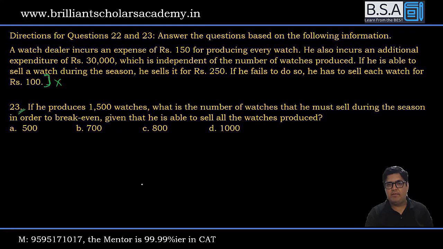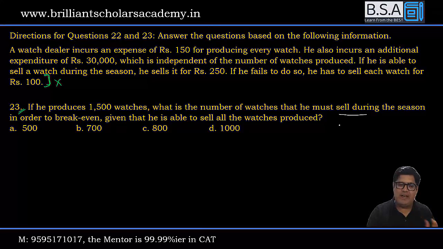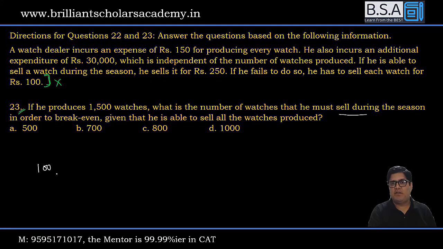See, the question is, how many were sold in the season? If I assume that to be variable X, we are saying 100 rupees profit for X number of watches, and 50 rupees loss for how many watches? 1500 minus X watches. Total watches are 1500.